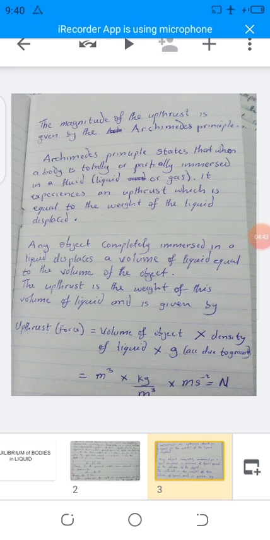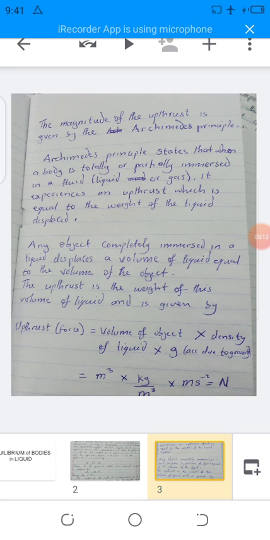Subtract the original level of water, L1, from the new level L2. The volume you have here is the volume of the object immersed in the liquid. So the quantity of the water displaced, or the weight of the water displaced, represents the upthrust on the object immersed in it.